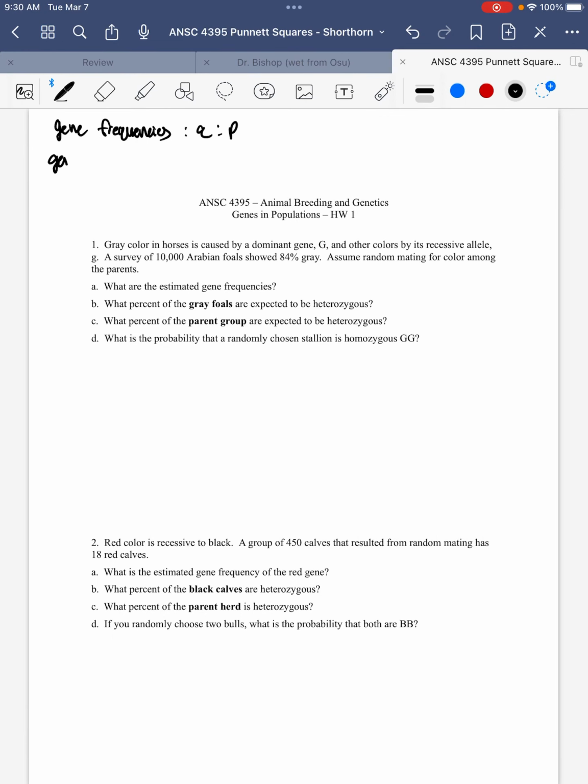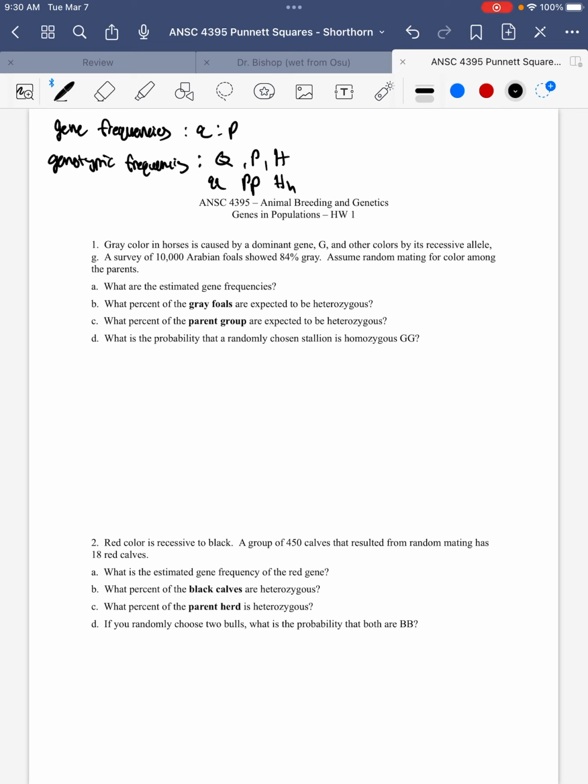And then we also have our genotypic frequencies, which are big Q, big P, and H. For those of you who weren't in class recently, a good way to remember this is that genotypic frequencies are big Q, big P, and big H. So those are your genotypes, basically. You can use any of those letters.